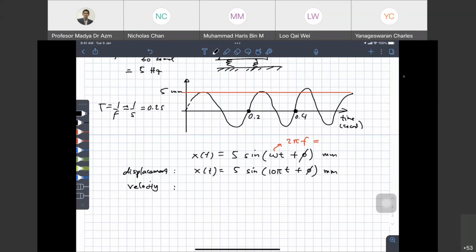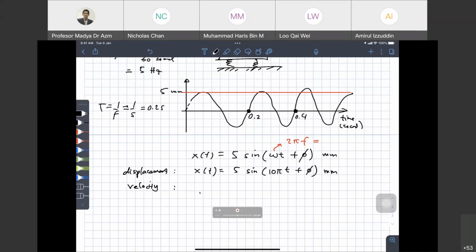Amirul, Izzuddin? Yes, sir. Amirul, you have the displacement, what is the velocity? You have the displacement as a function of time.